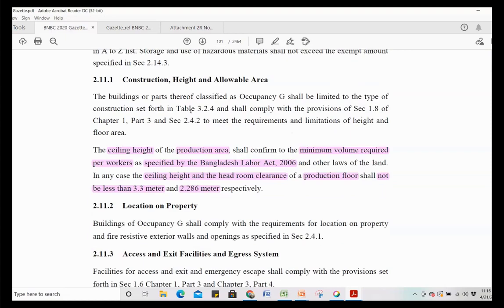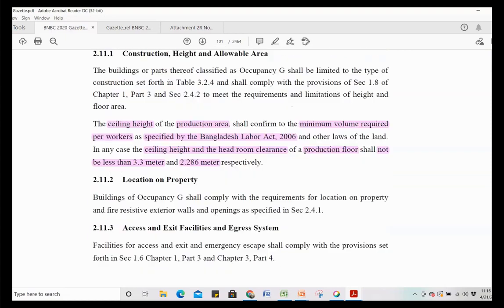And then the first para states the general information, like which general requirements are to be met, referring to the other sections like any other occupancies. So the second para says that the ceiling height of the production area shall conform to the minimum volume required per worker. So there is a specific requirement for a working environment.